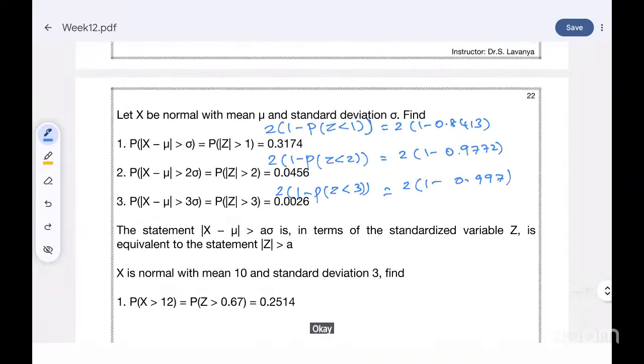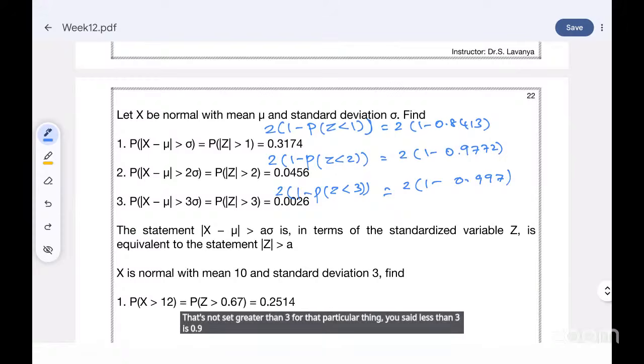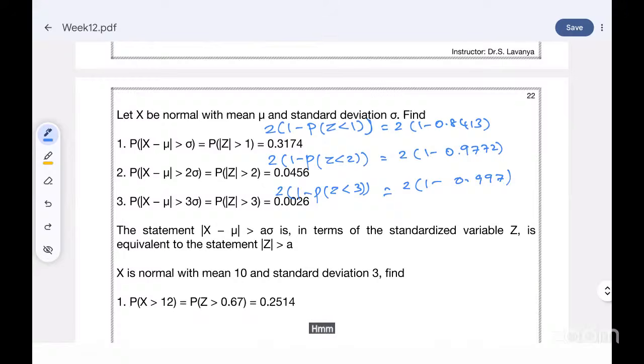For Z less than 3, the value 0.997 would give 0.005, so I think the Z less than 3 value will be different.